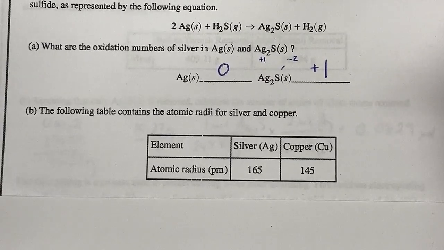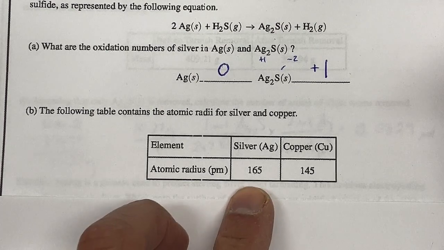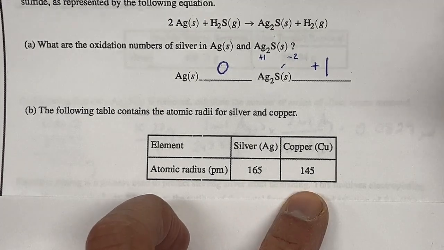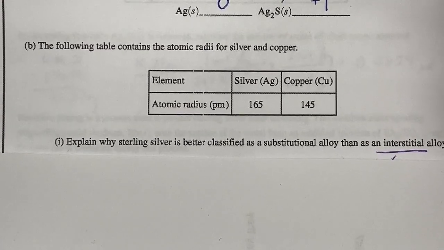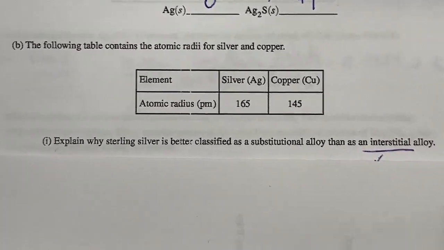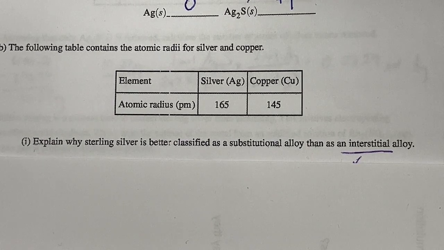The following table contains atomic radii of silver and copper, 165 and 145. So why can sterling silver better be classified as a substitutional alloy versus an interstitial alloy?